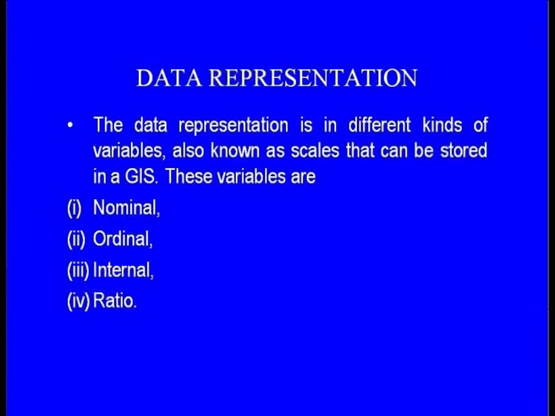Having had an idea as to the various broad categories of GIS data types, let us now look at the data representation. The data representation is in different kinds of variables, also known as scales, that can be stored in a GIS. These variables are nominal, next is ordinal, then interval and last is ratio.